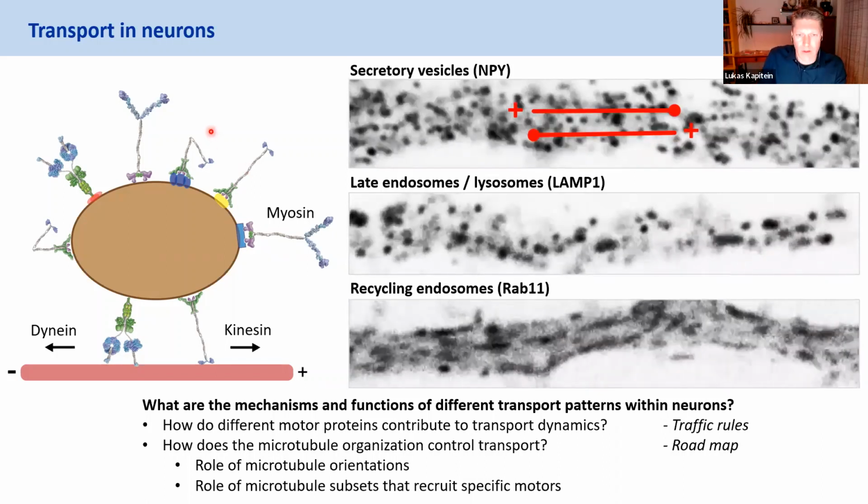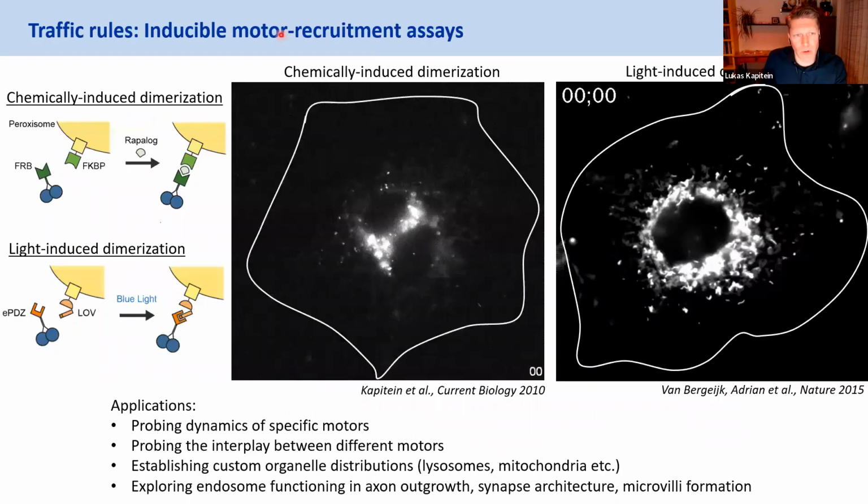Now, in order to understand how different motor proteins navigate the microtubule cytoskeleton, we introduced a number of very well-controlled systems where we can look at the activity of specific motors. And this uses an inducible heterodimerization system. So we started initially with the FKBP-FRB system.